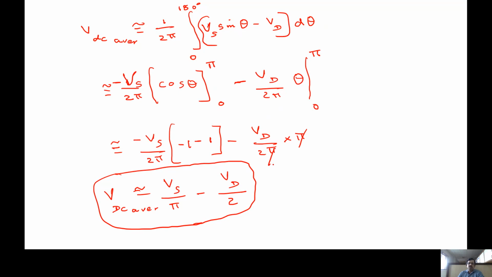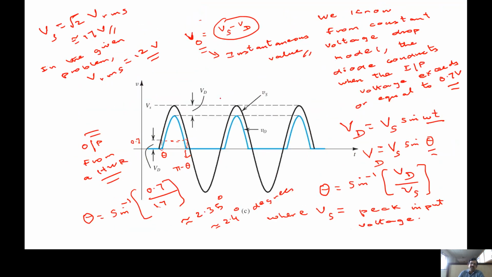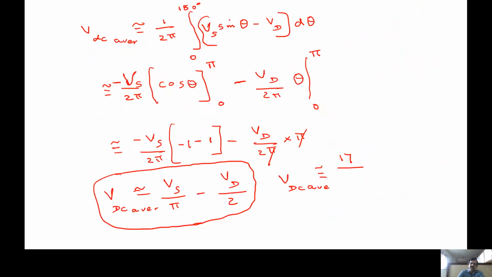Now we substitute for the given values. Vs we already found, so V DC average will be equivalent to, we already told what the Vs value is, that is 17, because Vs is root 2 into VRMS. VRMS is 12 volts, so you substitute and you will get that.